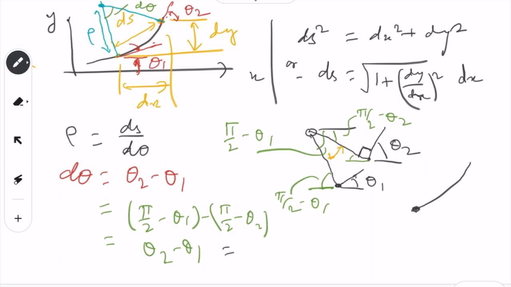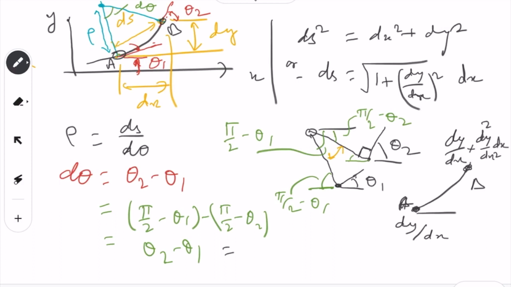Let's say at this point we call a point A and this point B. At point A we have the slope which is dy over dx, and at point B you have dy over dx plus d square y over dx square times dx. This is varying, so we can write it like this.